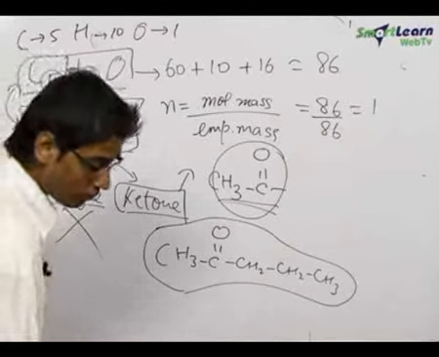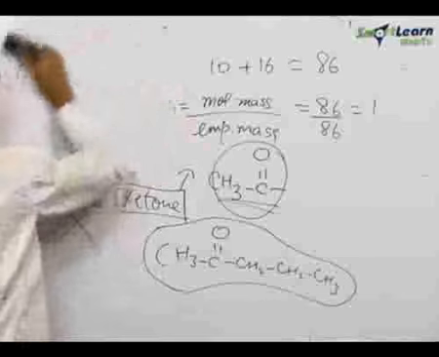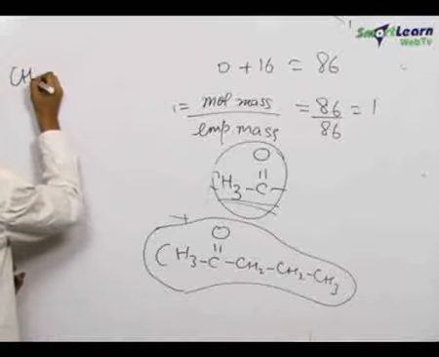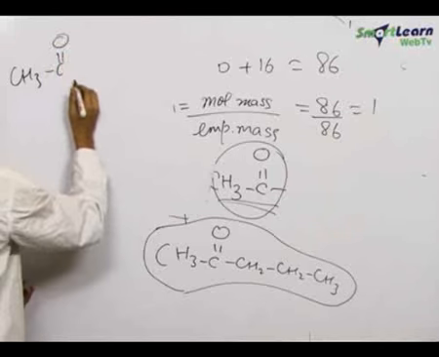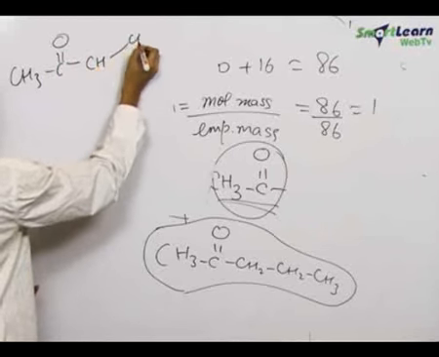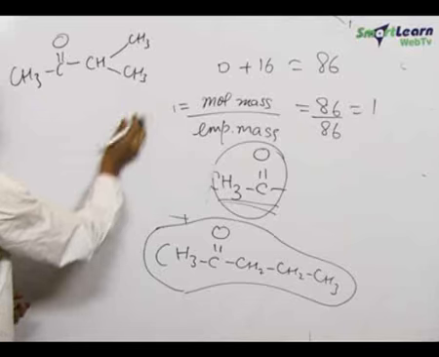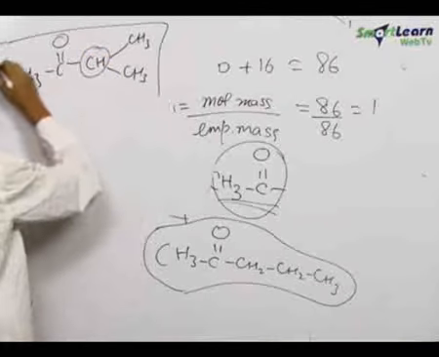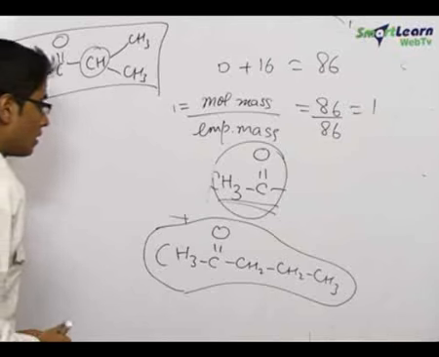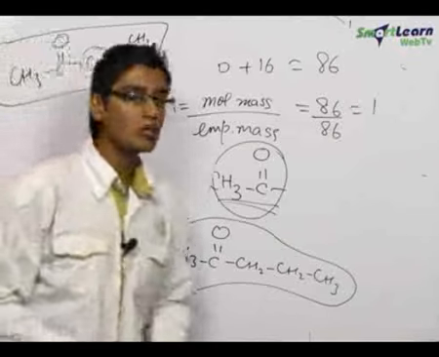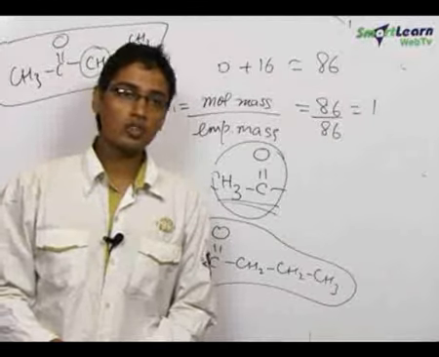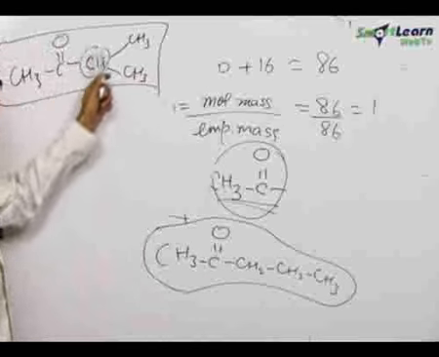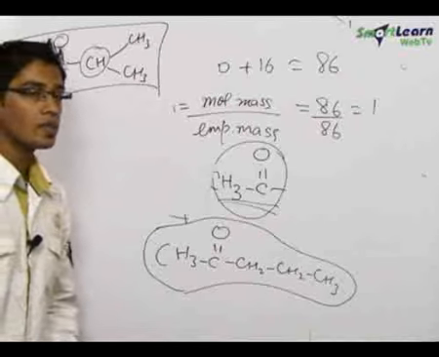The second possible structure of the ketone can be CH3, CO, CH, CH3, CH3, attaching both the methyl groups to this carbon. Hence, the 2 possible structures of the ketone in this question are CH3CO CH2CH2CH3 or CH3CO CH(CH3)CH3, and this is our final answer.